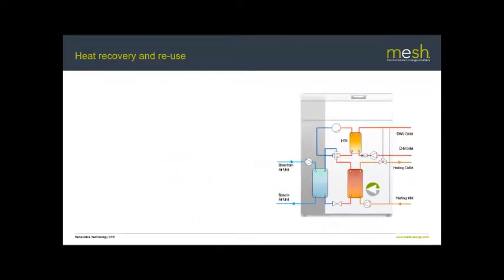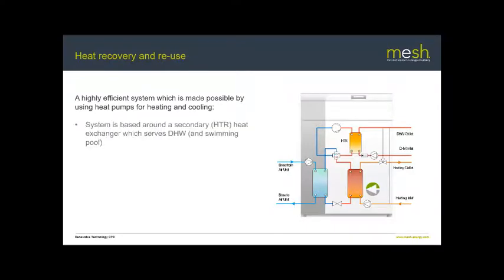The HDR heat exchanger allows for simultaneous heating and cooling, where the heating is used to provide heating for domestic hot water or a swimming pool, while the cooling side can be used for both heating during the winter and cooling during the summer. This is a highly efficient system because it allows reuse of waste heat.